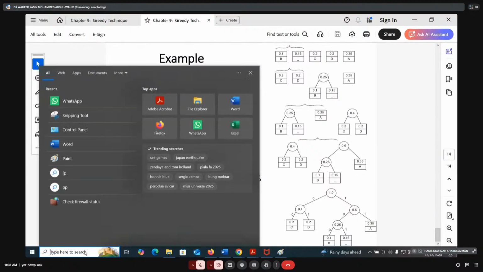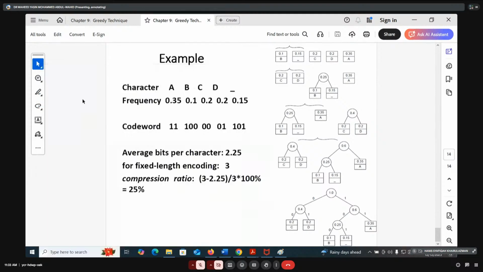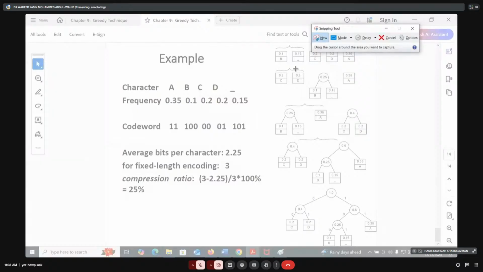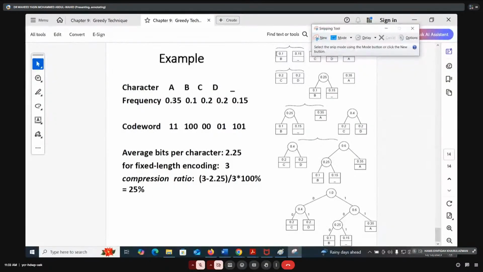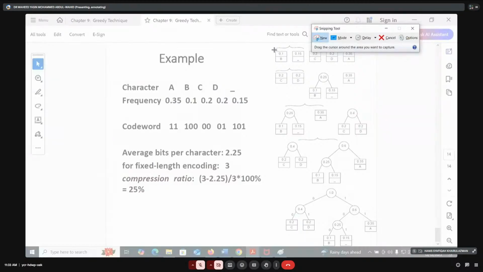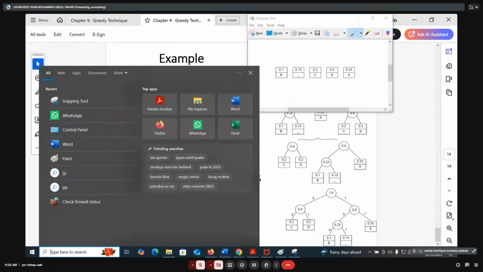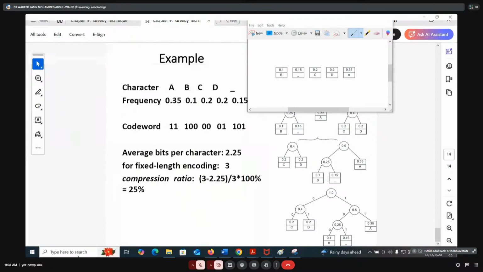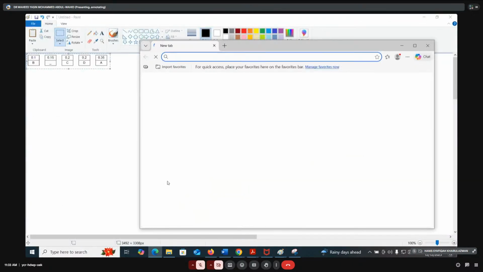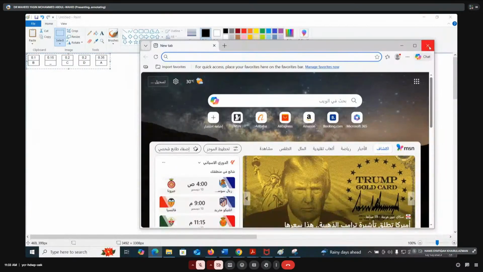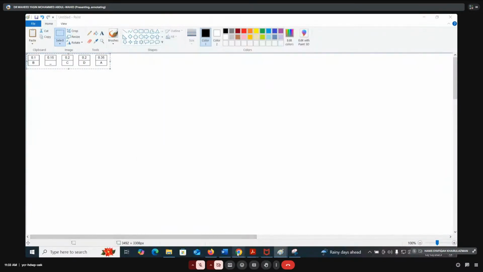Snipping. Huffman is very easy. So can you see my screen?